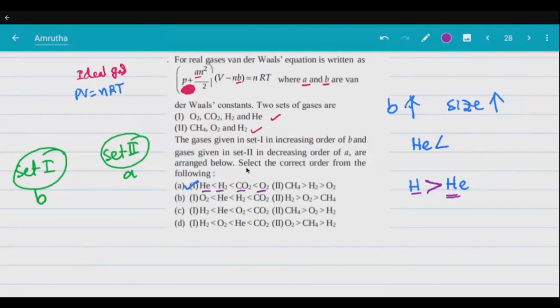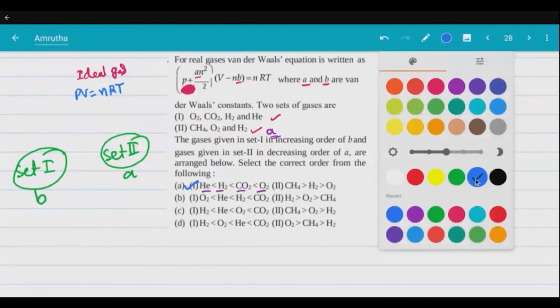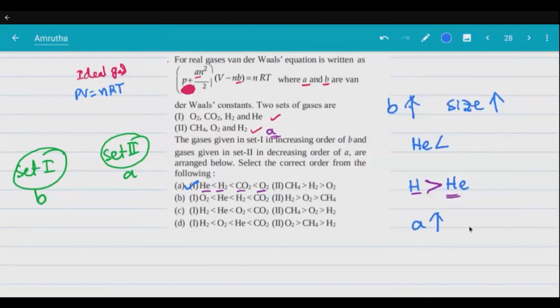Next, a. a is for attractions. If a is more, attractions are more. So where are the more attractions? This is carbon dioxide, O2 and CO2. Compared to O2, carbon dioxide definitely has one more atom, so carbon dioxide should be more. And next, CH4, H2, O2.